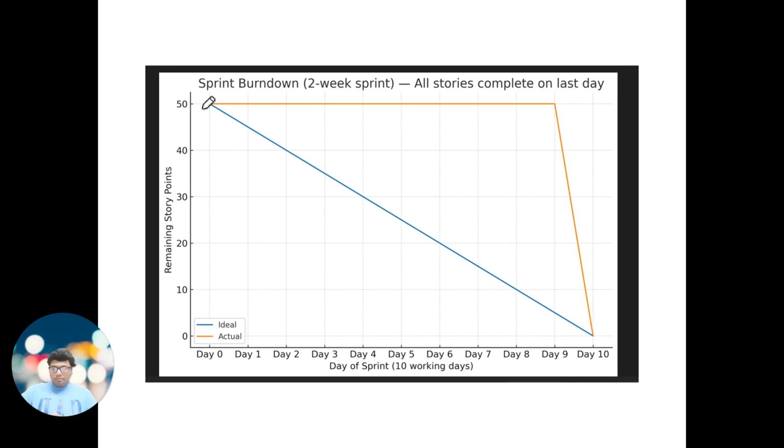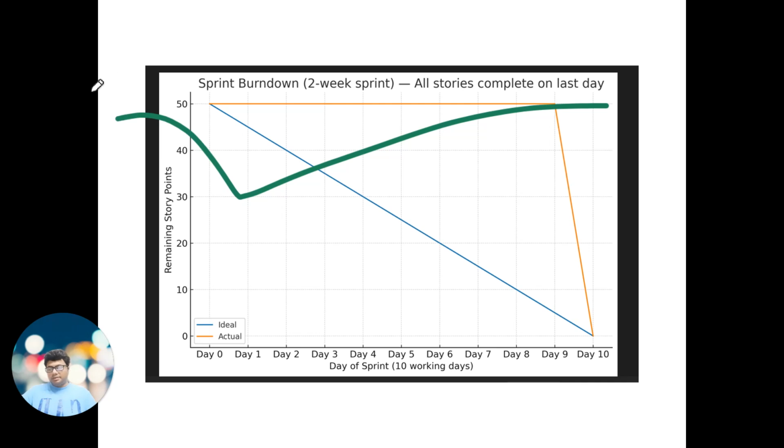By looking at the burndown chart, I will say till the ninth day, everything was uncertain. If anything had happened, or if any environment was not working properly, then the team would have completed 0 story points instead of 50 story points. So this is not a good burndown chart.